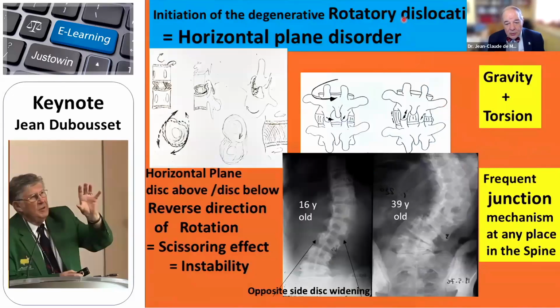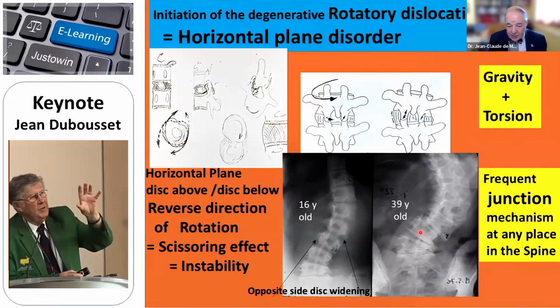We have also for adult patients, it's the same. The main complication of adult scoliosis is the rotatory dislocation. And sometimes we can see this rotatory dislocation here between L3, L4. We have quite no rotation at L4, and at L3 we have rotation.